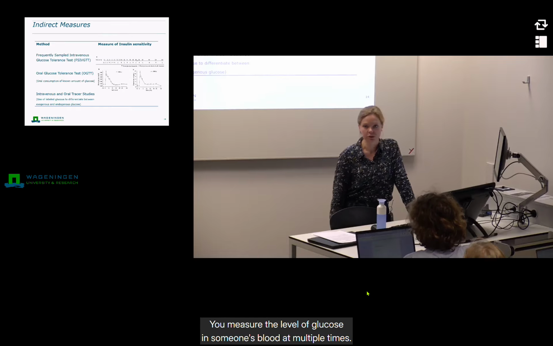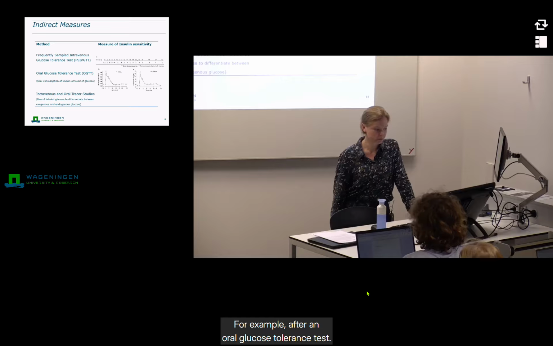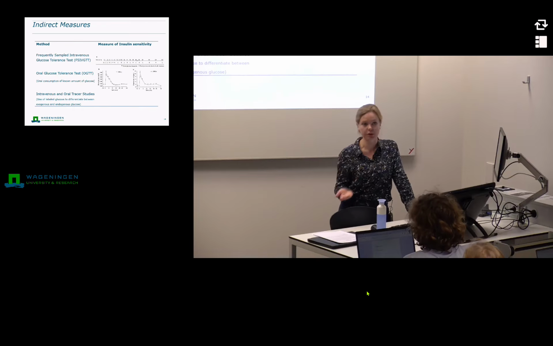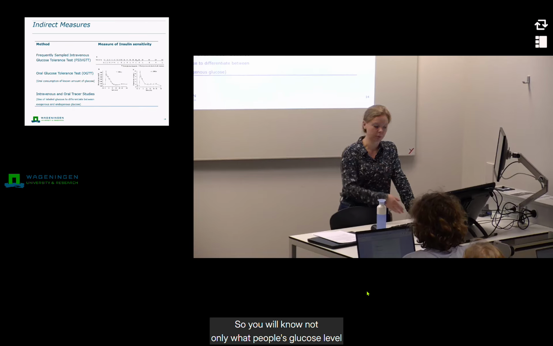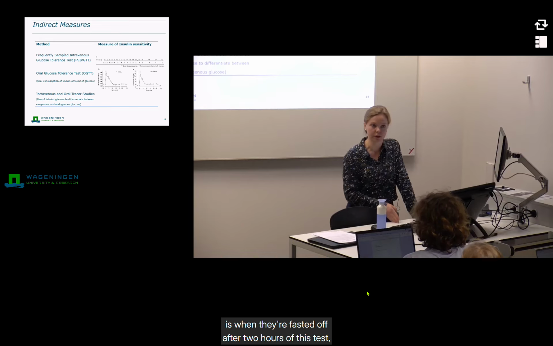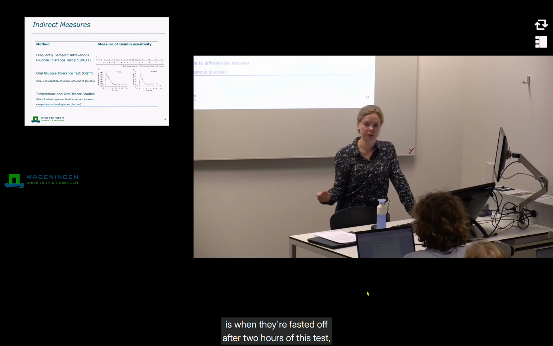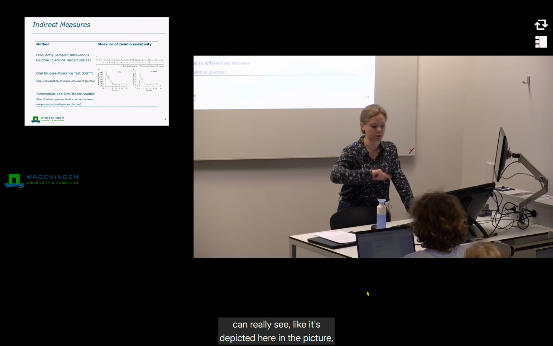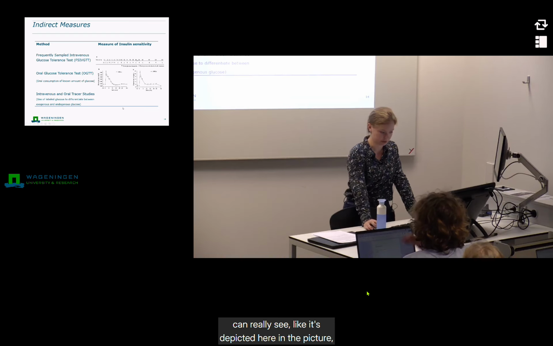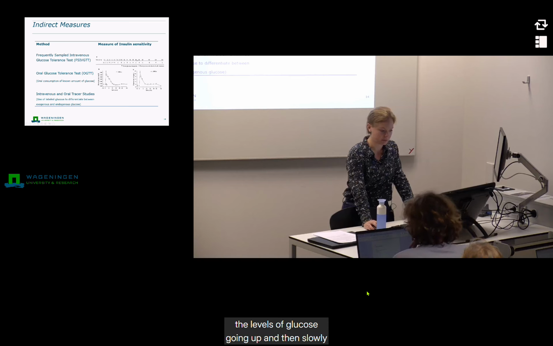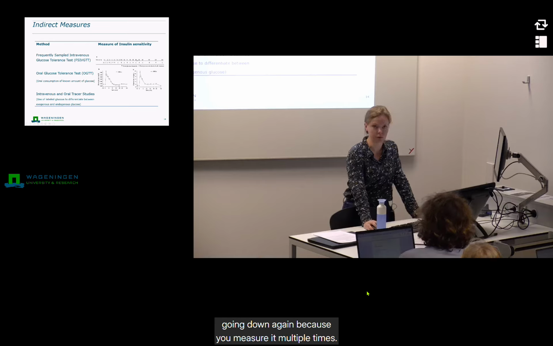You measure the level of glucose in someone's blood at multiple times, for example after an oral glucose tolerance test. So you will know not only what people's glucose level is when they're fasted or after 2 hours of this test, but you measure it at multiple times, so you can really see, like it's depicted here in the picture, the levels of glucose going up and then slowly going down again.